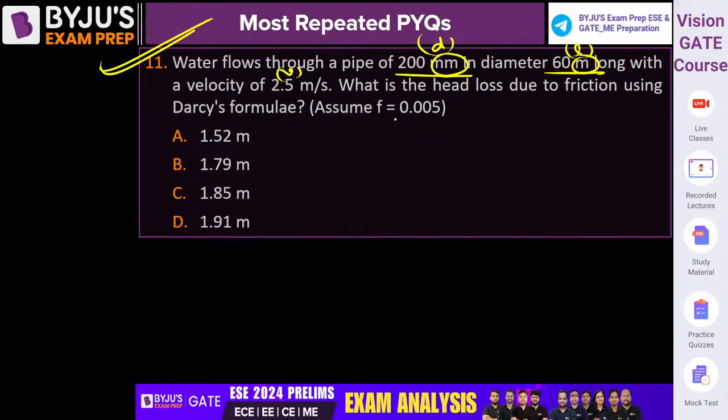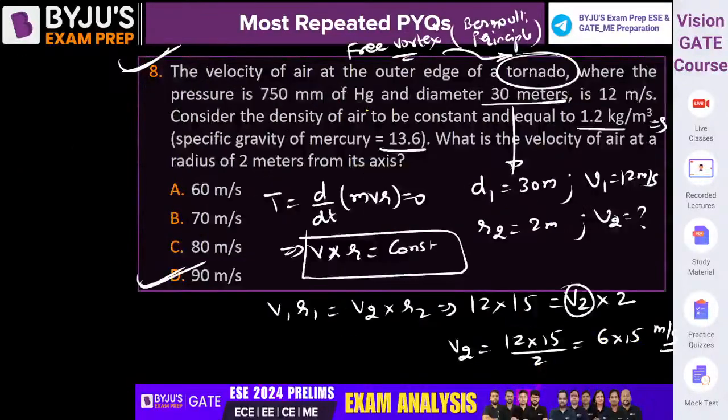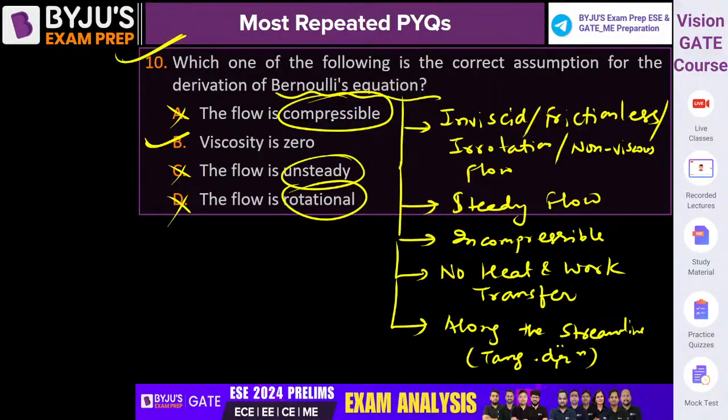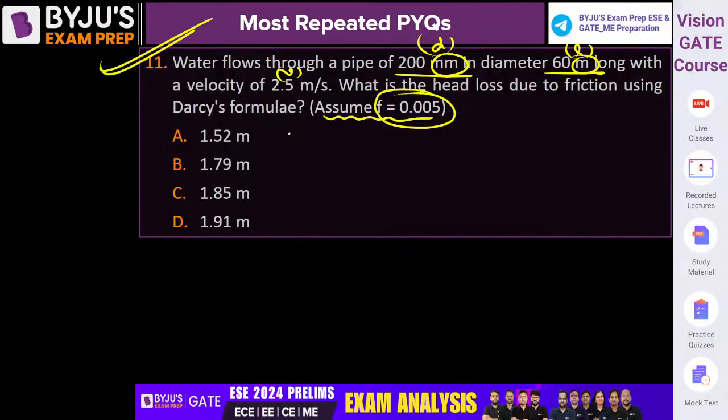Very simple but important. Now the catch here is assume F is equal to 0.005. In the previous question, F was given as 0.02. Sometimes they do not mention whether it is a friction factor or friction coefficient. When the value of F is around 0.02, then it is friction factor.